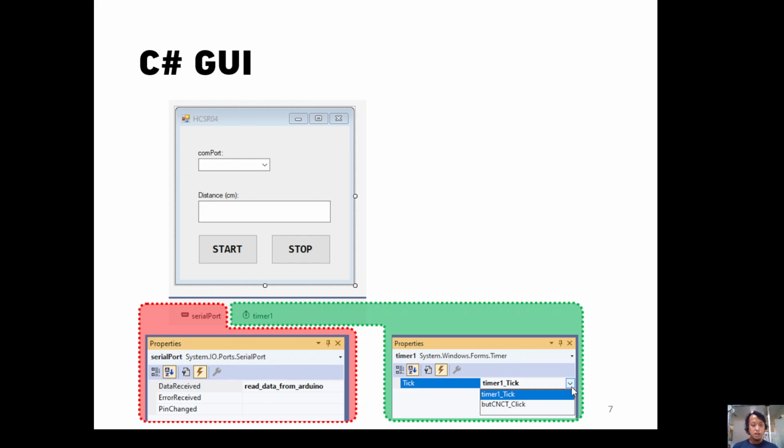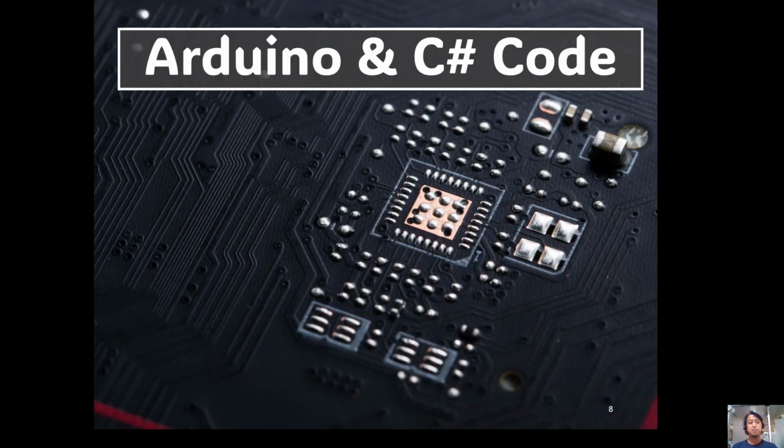For the serial port, we need to set the data received function to read data from Arduino. And for the timer, we use the timer 1 tick action. It will be shown later in the C-sharp code.